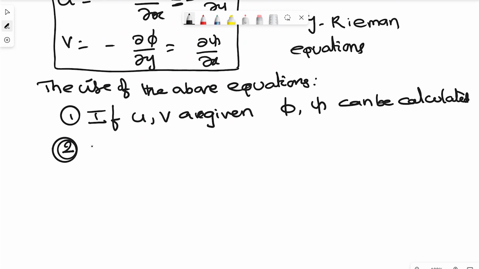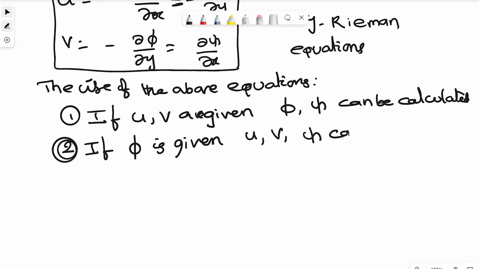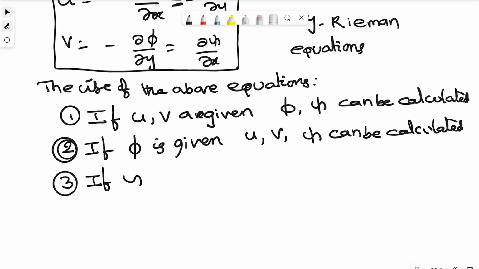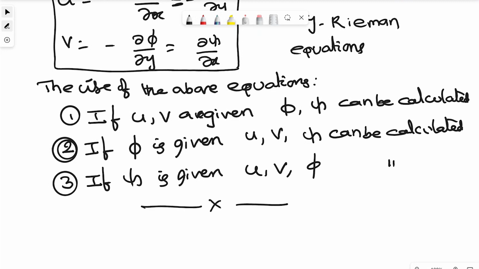If phi is given, u, v, psi can be calculated. If psi is given, u, v, phi can be calculated. This is the use of this. Let us straight away go into some problems on this particular aspect.